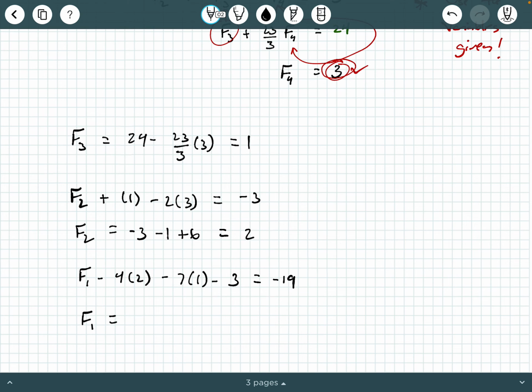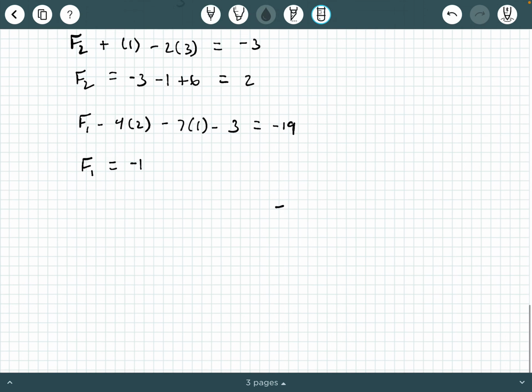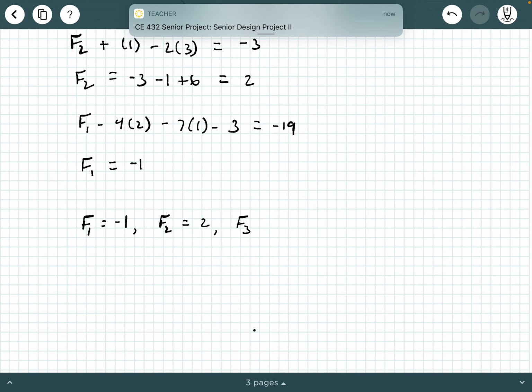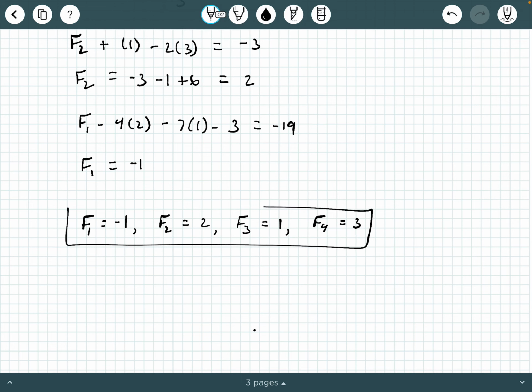Negative 19 plus 8 plus 7 plus 3. So I get negative 1. So the system is consistent. And write the solution nice and neat. F1 equals negative 1. F2 equals 2. F3 equals 1. F4 equals 3. Box that in with a straight edge. And that is the solution to this problem.